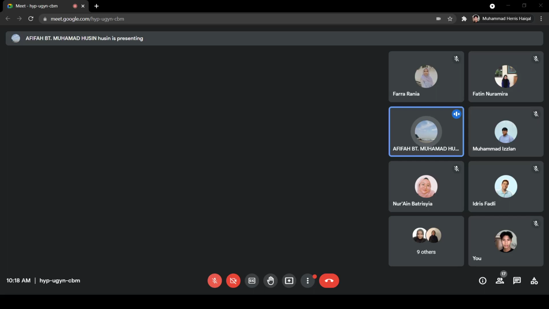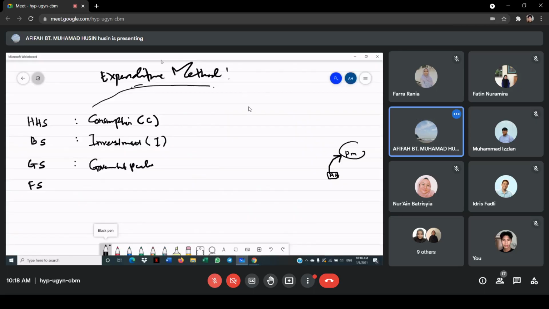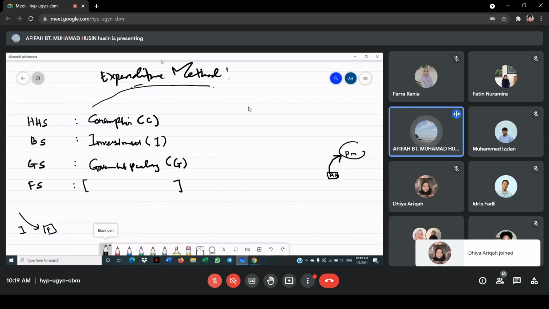Government. Dia dapat duit, dia beli. Kita panggil apa? Government purchasing. Okay, so government purchasing, we name it as only G. And then for the foreign sector, we talk about the net. Net, foreign sector kita ada 2. Import, foreign sector, and then we have export, isn't it?